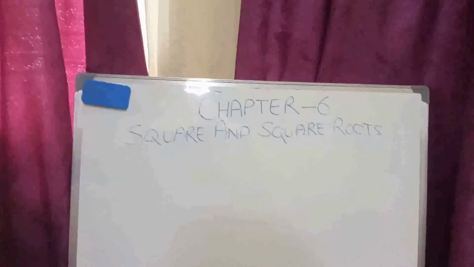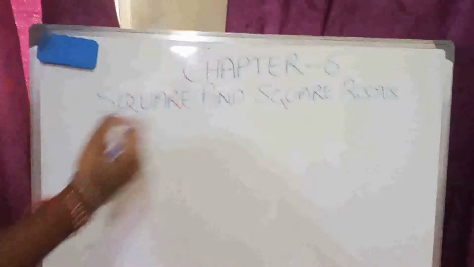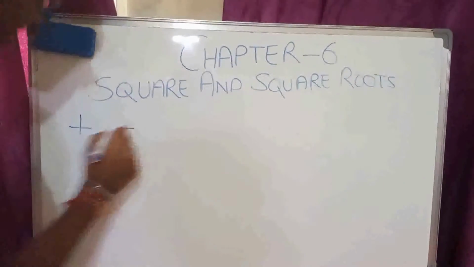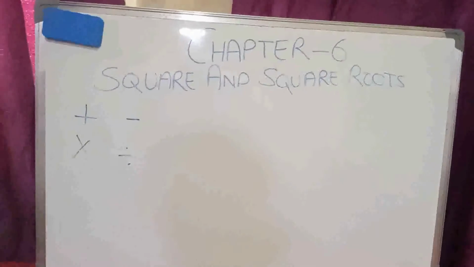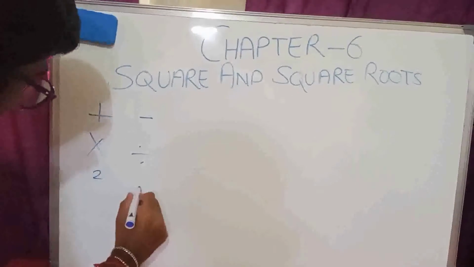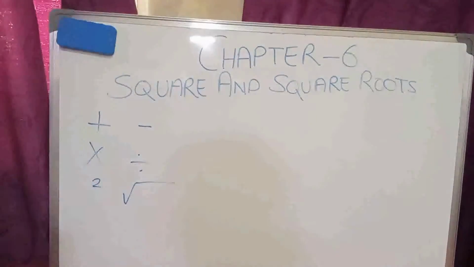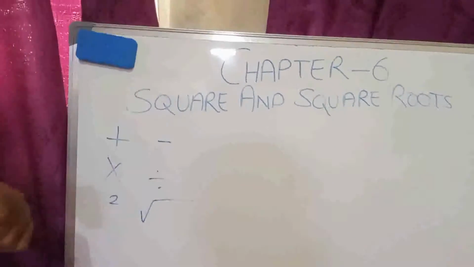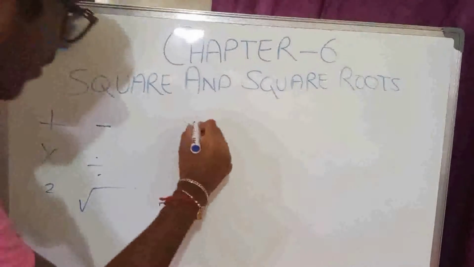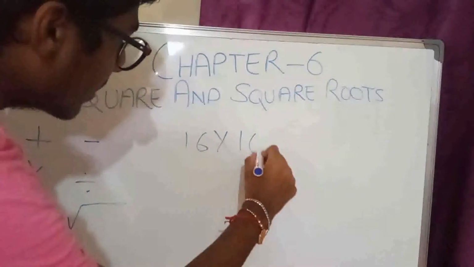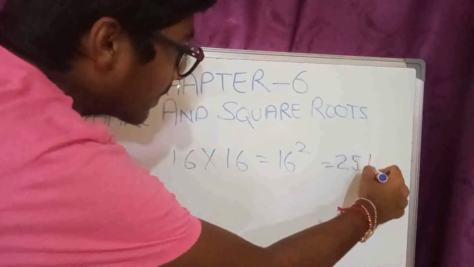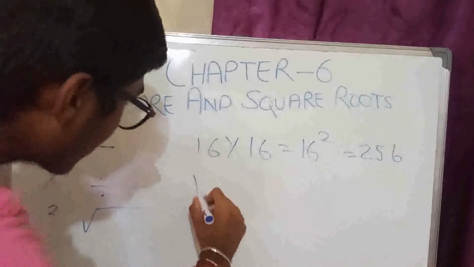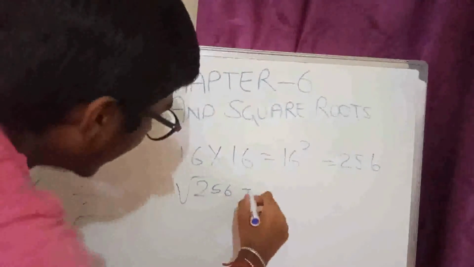What is a square root? We have been learning that the opposite of plus is minus, the opposite of multiplication is division. In the same way, the opposite of square is square root. So a square root is the number which we multiply twice to get the square number. For example, 16 into 16 is 16 squared, that is 256. So when we find the square root of 256, it will be 16.